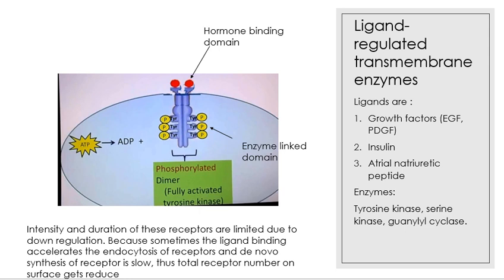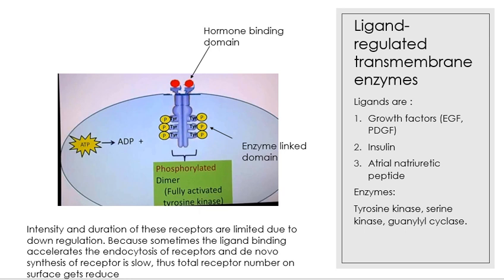Next are atrial natriuretic peptide, transforming growth factor beta, and some other trophic hormones. The transmembrane enzymes involved in this kind of receptor are tyrosine kinase, serine kinase, and guanylyl cyclase. So this depends.